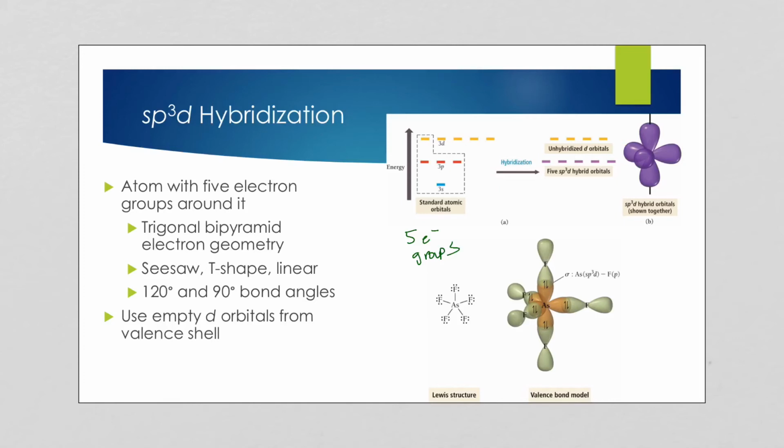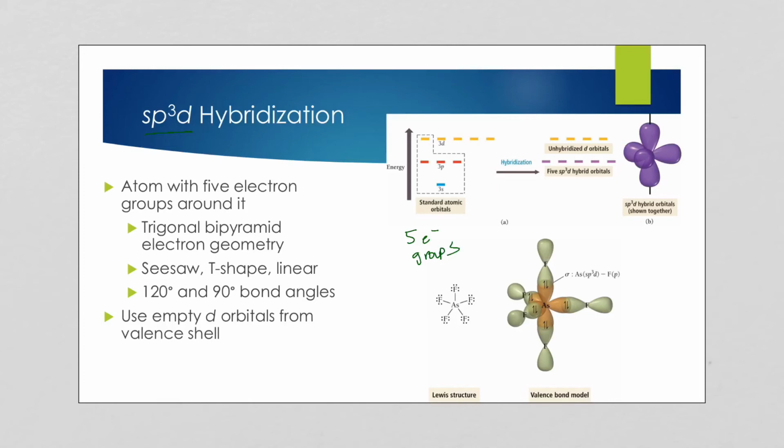So we take the s, all 3 p's, and a d, hence the name sp3d hybridization. Again, they get blended, and we form 5 hybrid orbitals oriented in the shape of a trigonal bipyramidal.